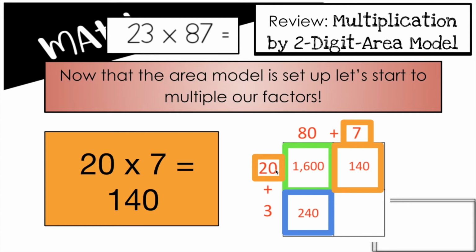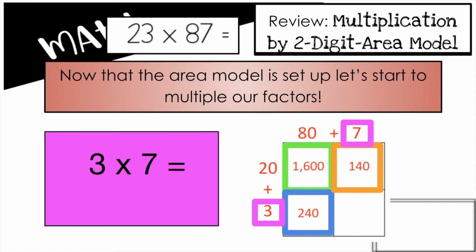You're going to sit there and go, well, 2 tens times 7, 2 tens is 14 tens. 14 tens is, it's not 14. Oh, it's 140. Process, guys. Think them through, process, and make sure it sounds and looks correct. And finally, 3 times 7 is one of those facts that we memorized in 3rd grade.